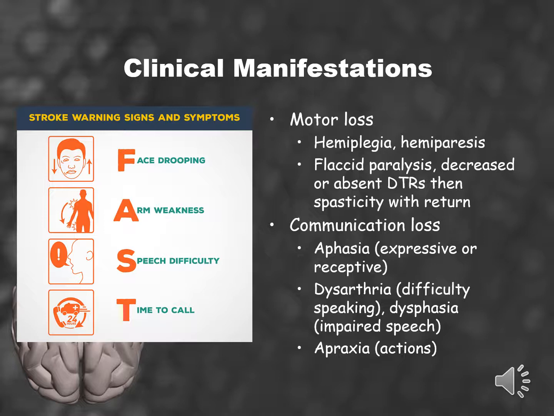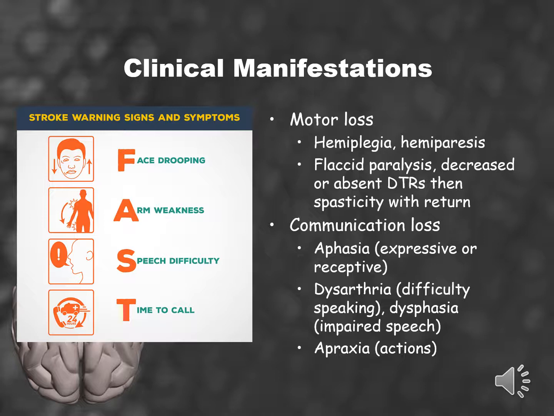But some of the common symptoms, like you see in that picture on your slide, the acronym FAST, is something important that we teach people, even non-healthcare professionals, to look for as potential warning signs of a stroke. The big ones are facial drooping on one side, weakness of the arm, and changes in speech. If they have a combination of those, it's definitely important to get that patient to the hospital as quickly as possible.